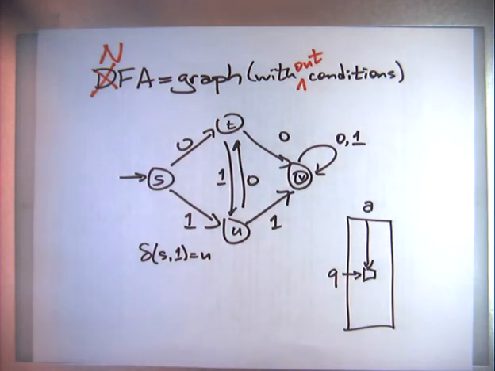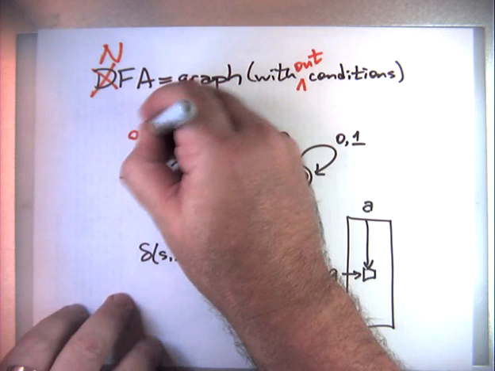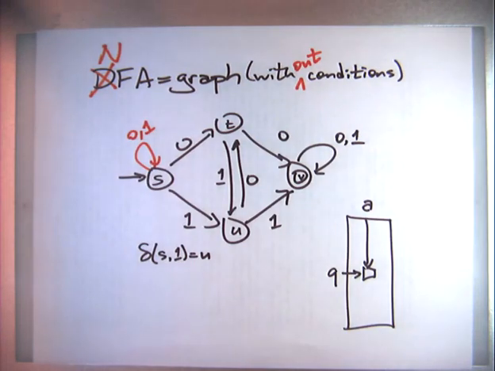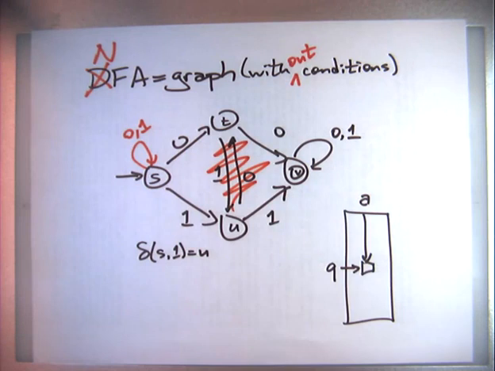So an NFA is a directed graph where the vertices correspond to the states and the edges correspond to transitions, and an edge from U to V is labeled with symbol A if it is possible to transition from U to V on reading the symbol A. Now, in this particular case, I still have a DFA, but if I add, for example, this transition on the side, and maybe get rid of these transitions in the middle, now I have an NFA that we've seen before. This accepts the set of all strings that contain either 0, 0 or 1, 1 as a substring.